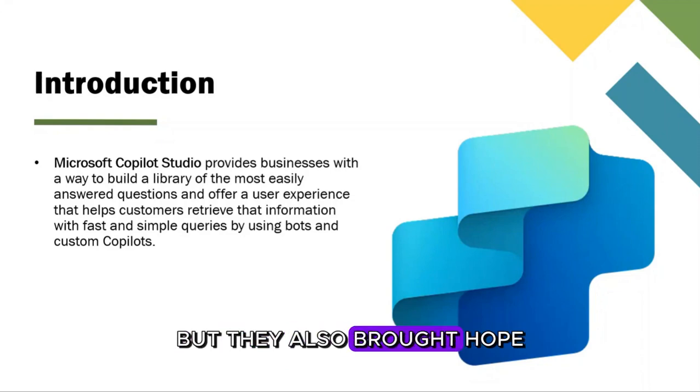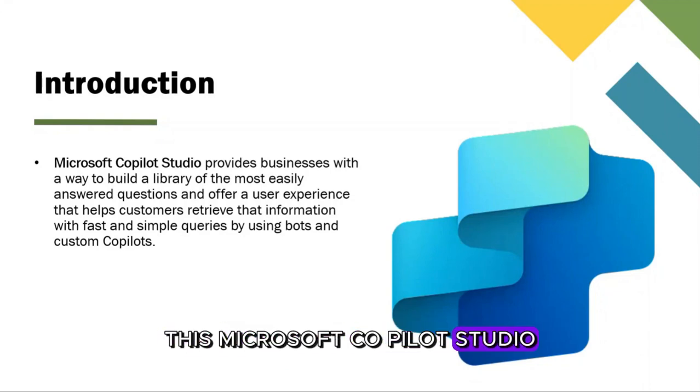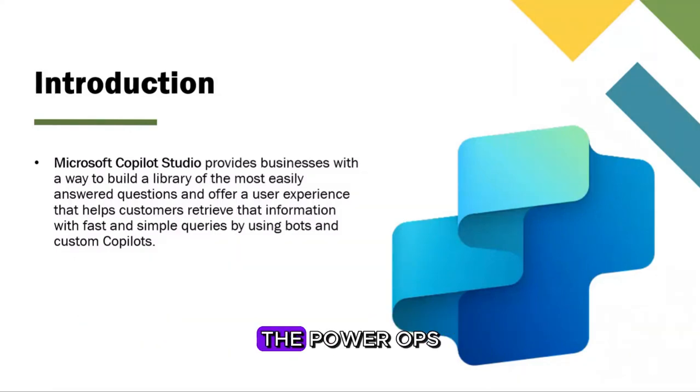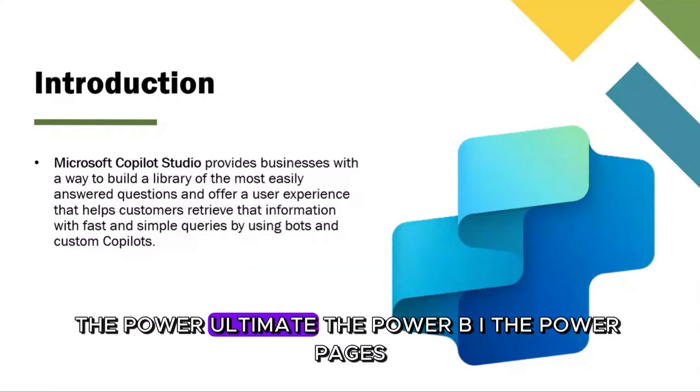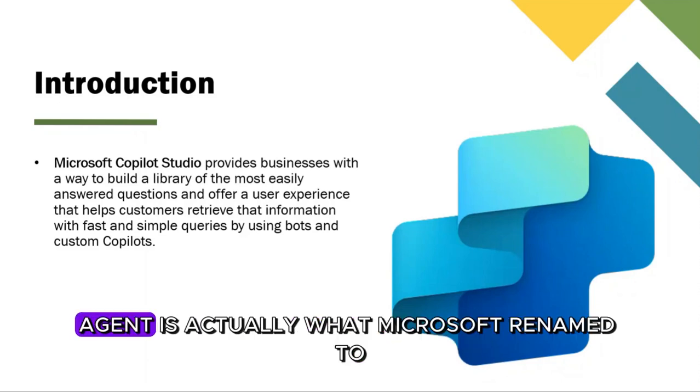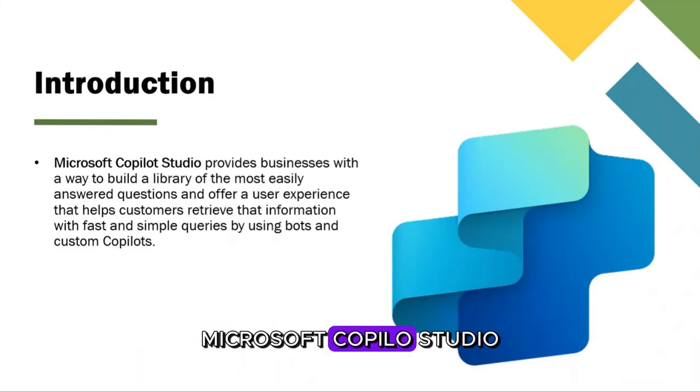But they also brought up this Microsoft Copilot Studio. Now, Microsoft Copilot Studio is part of the Power Platform: Power Apps, Power Automate, Power BI, Power Pages. The fifth one is Power Virtual Agent. The Power Virtual Agent is what Microsoft renamed to Microsoft Copilot Studio.